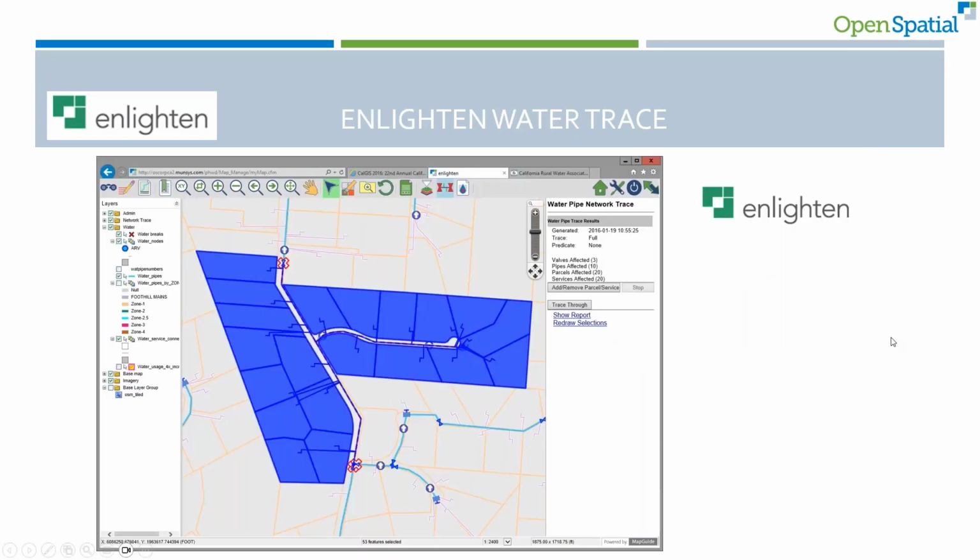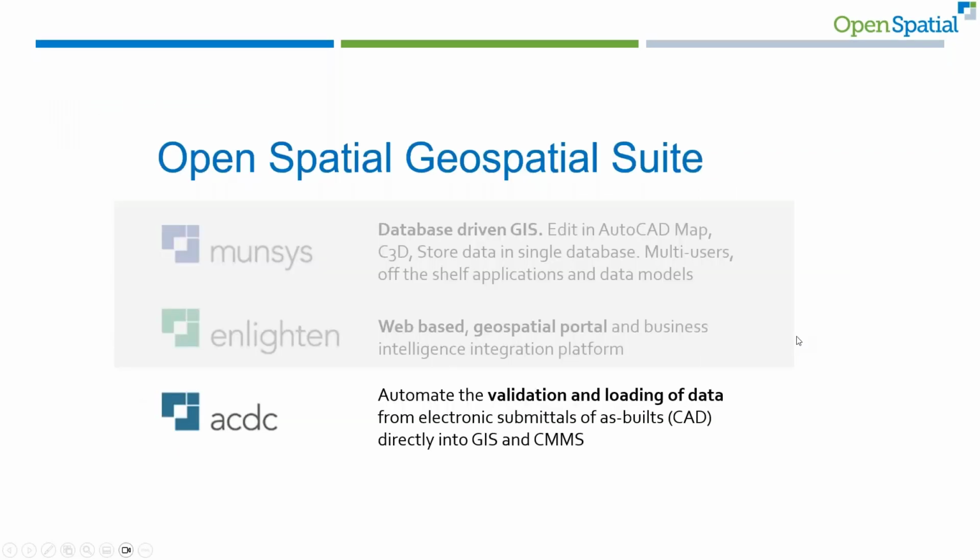You can also do a water trace. The water trace will tell you which valves you need to close to isolate that part of the network. What you can also see there's a valve there, but you don't have to close that, so that is also going to be affected. So we do trace through the rest of the network to find if there are any water sources. All of this is configurable to give you full network trace capabilities.